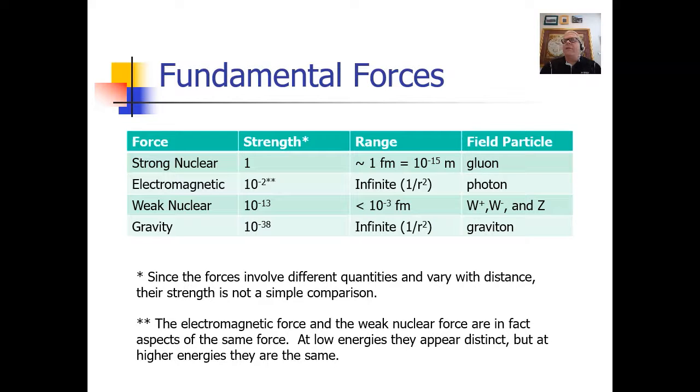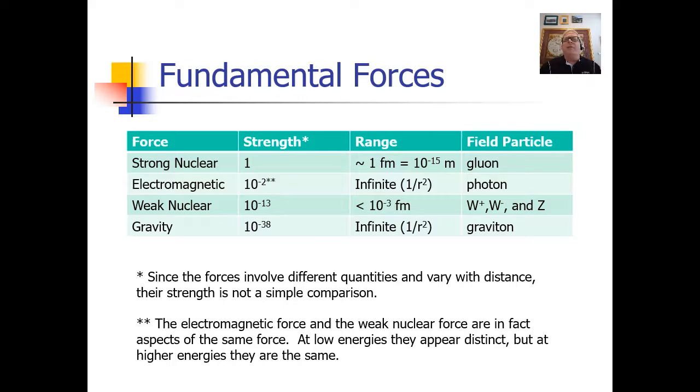In fact, we have seen light coming to us from stars that are billions of light years away from us, and so we know that the electromagnetic force must at least travel over that distance. The particle that causes the electromagnetic force is the photon, as you might recall.